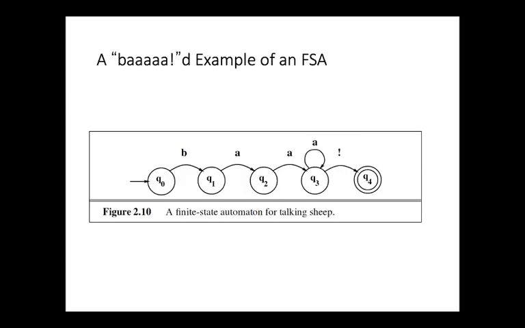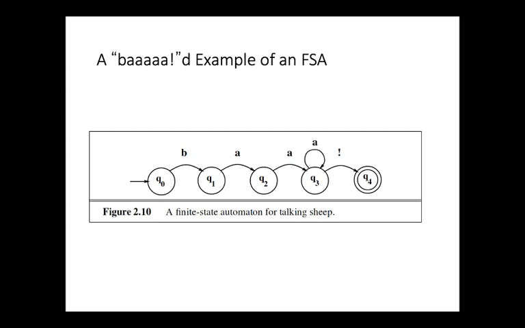So here's an example. So for you who are wise in the ways of finite state machines, can this machine recognize the string BAA exclamation point? Yes. What about BAAA exclamation point? Okay.